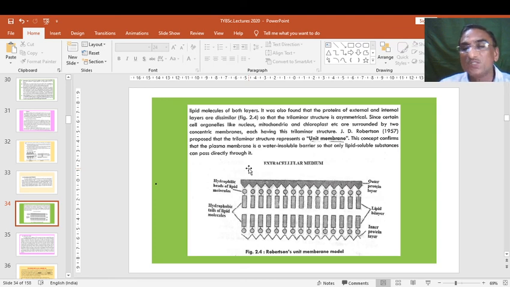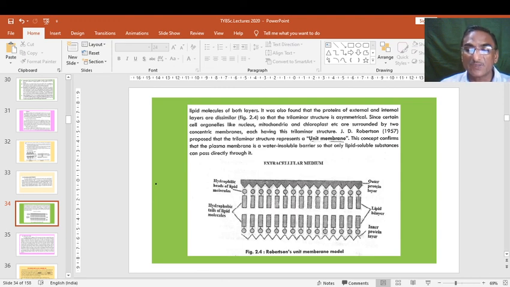So in the eukaryotic cell, we have seen all about the cell structure, matrix, plasma membrane, cell organelles, and their functions also. So this is about the total eukaryotic plasma membrane and cytoplasm.